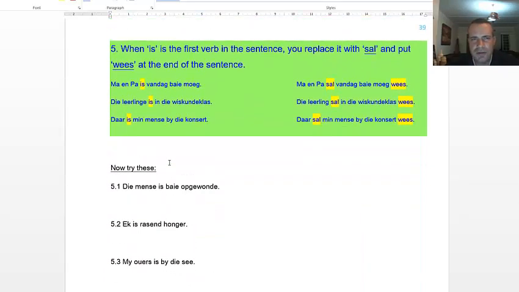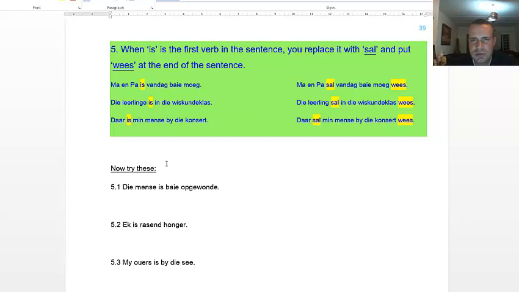Rule number 5. Easiest rule, I think. When there's an is, okay, so when is is the first verb in the sentence, you replace it with sal and you use wees at the end of the sentence. Okay, in the past tense the rule is a bit easier.